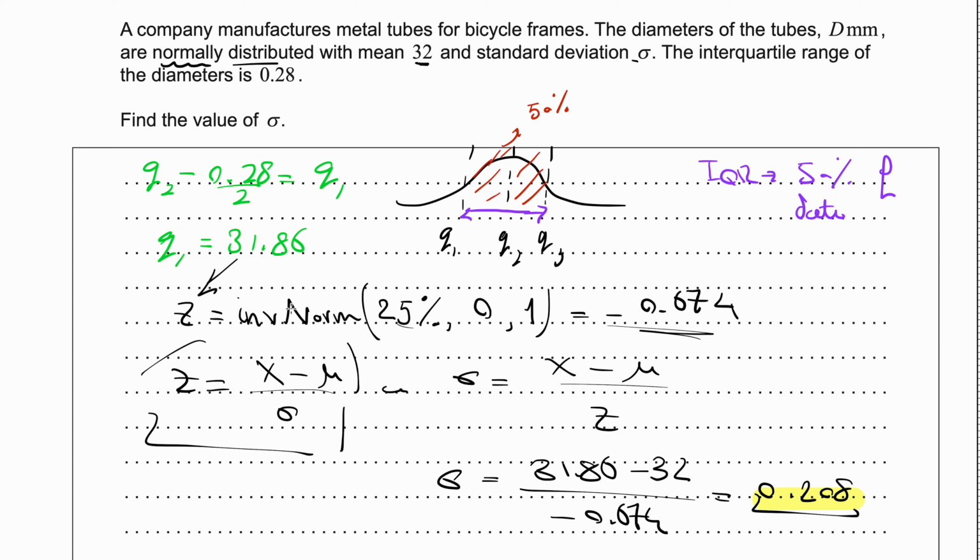And so this z-score that was calculated through the inverse normal with an area of 25%, a mean of 0, and a standard deviation of 1 is equal to the z-score calculated through the formula x minus mu over sigma. So you can use this in essence to find mu, the standard deviation, or x. So it's more or less standardized.